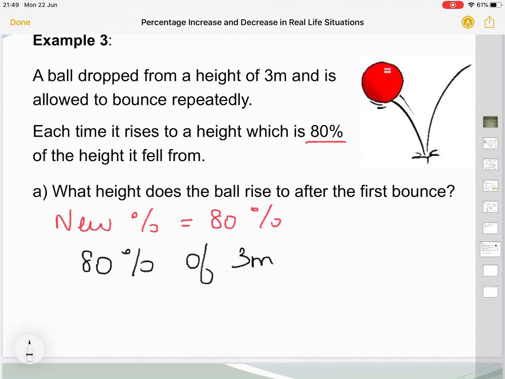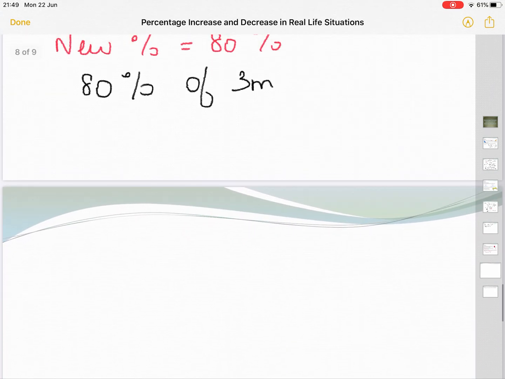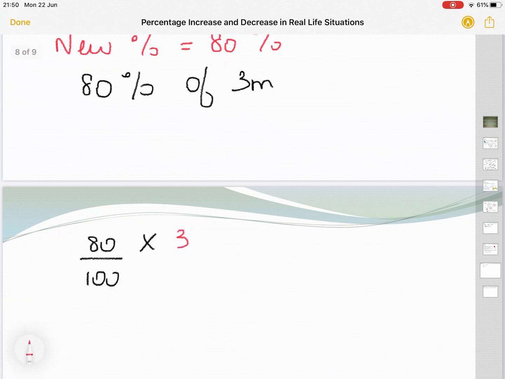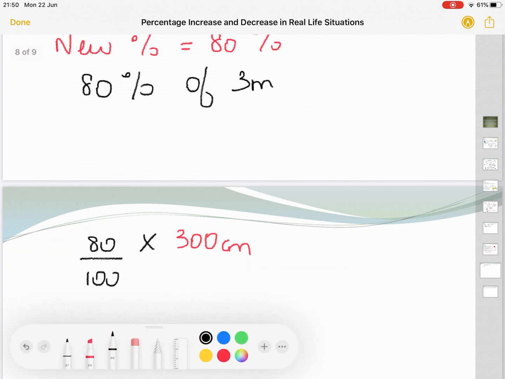Instead of 80%, I can write 80 out of 100. Instead of "of", I can write a multiplication sign, and instead of 3 meters, I can change it, to avoid the decimal point, into 300 centimeters, all right?